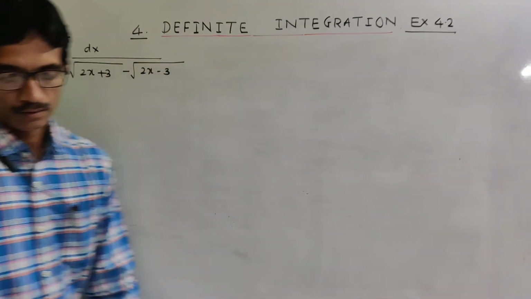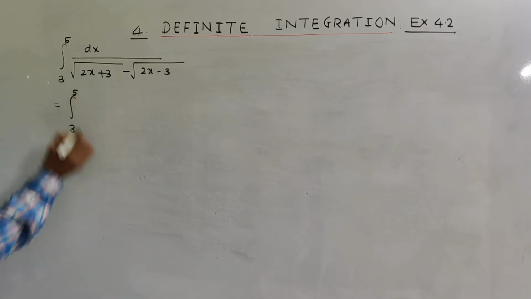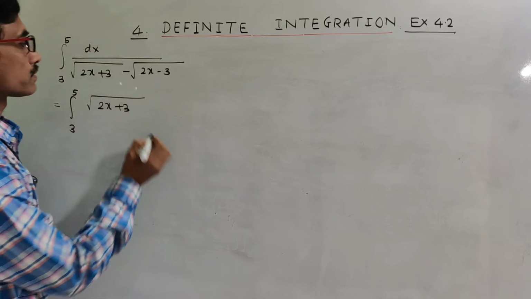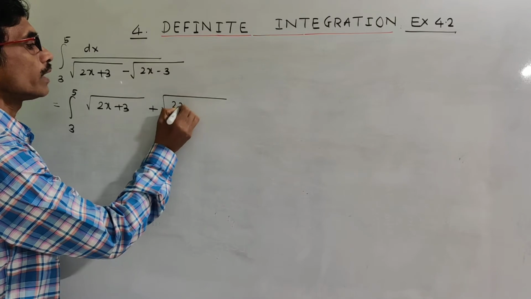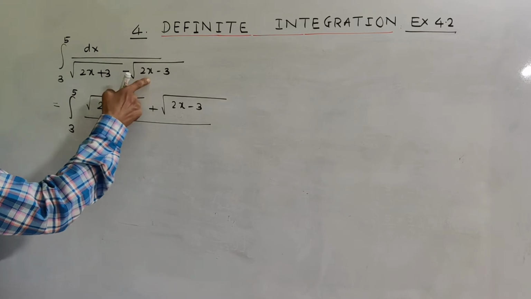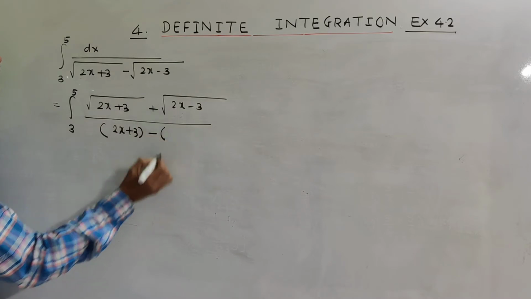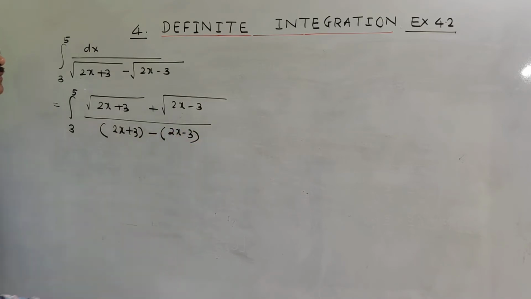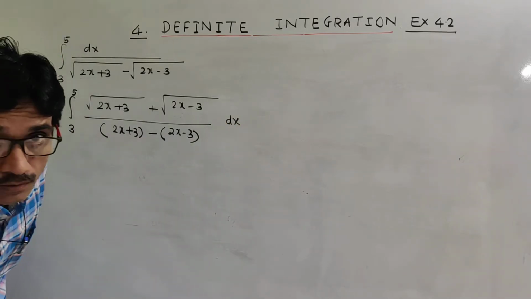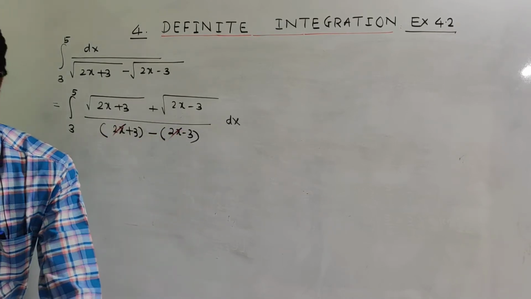So that integral 3 to 5 of root of 2x plus 3 plus root of 2x minus 3, upon a plus b times a minus b, which gives us a square minus b square, that means 2x plus 3 minus 2x minus 3, and dx.